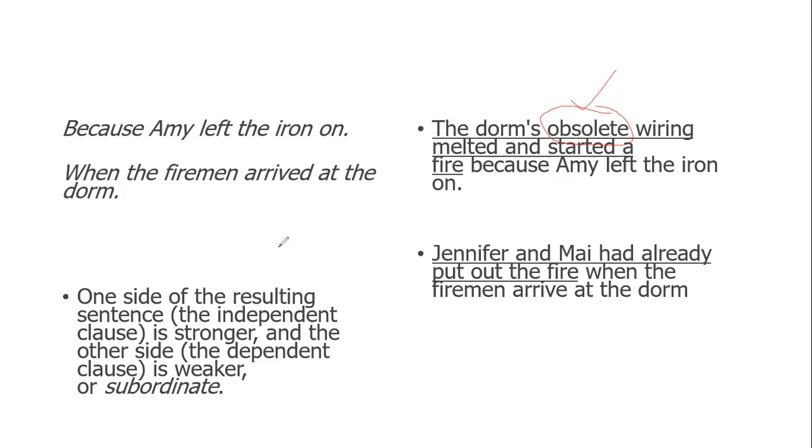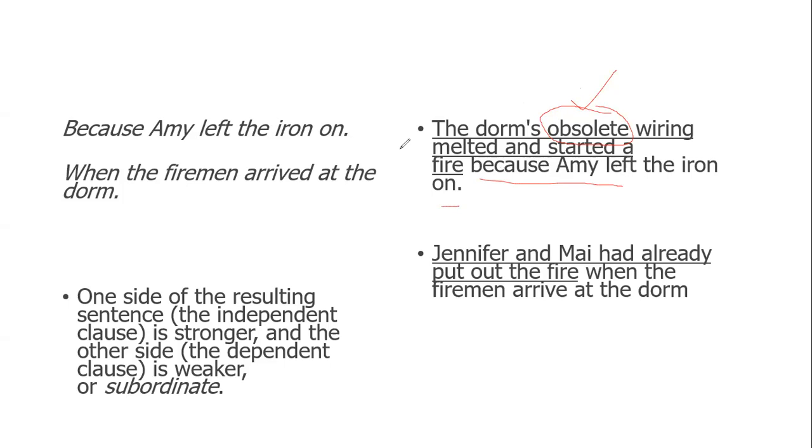There are some obsolete technologies, some obsolete devices. Nowadays we are using AI. Who will use all the old versions? So they become obsolete, like CDs and floppy disks. They become obsolete, meaning completely outdated, old, ancient. So the dorm's outdated, pretty old wiring melted and started a fire because Amy left the iron on.